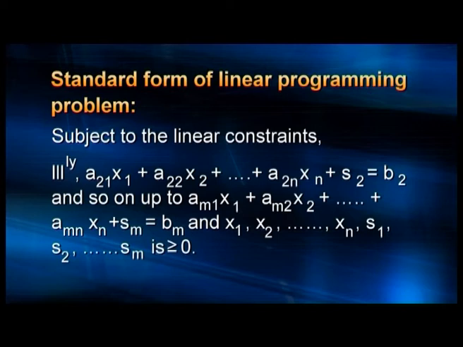Similarly, a21 x1 + a22 x2 + ... + a2n xn + s2 = b2, and so on up to am1 x1 + am2 x2 + ... + amn xn + sm = bm, and x1, x2, ..., xn, s1, s2, ..., sm are greater than or equal to 0.